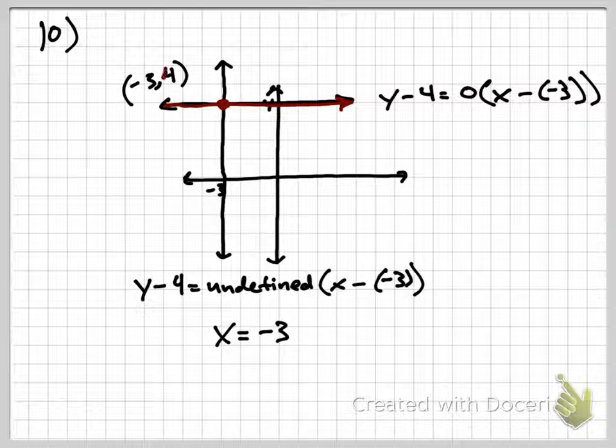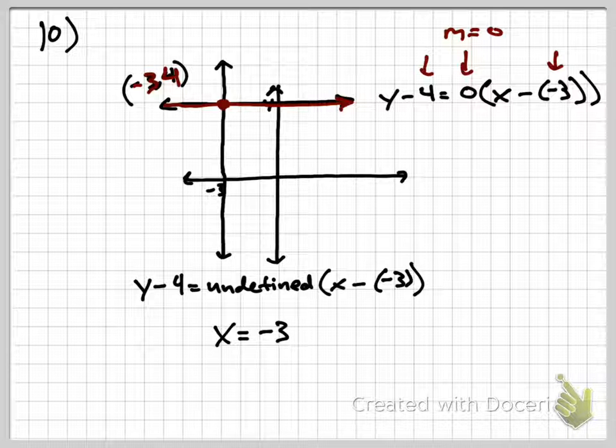And we can take the y value, plug it in here, and the x value, plug it in here. And we know our slope must be 0 because this is a flat line, right? As x increases, y increases by 0. A flat line will always have a slope of 0.